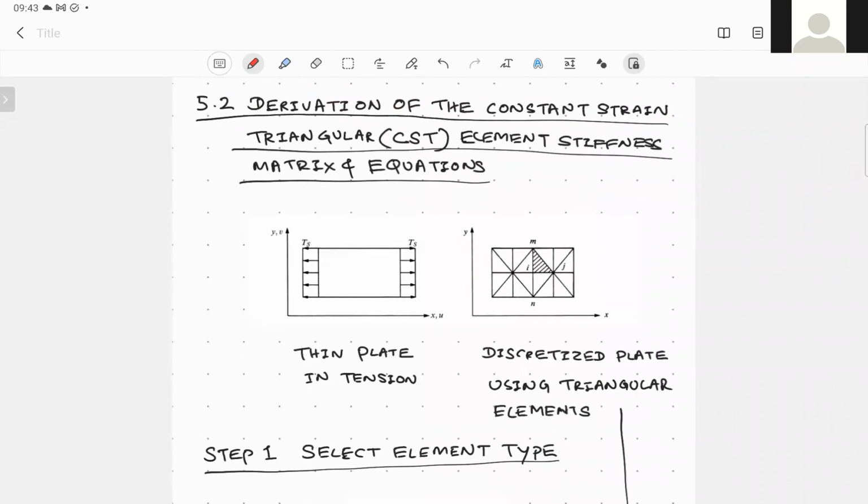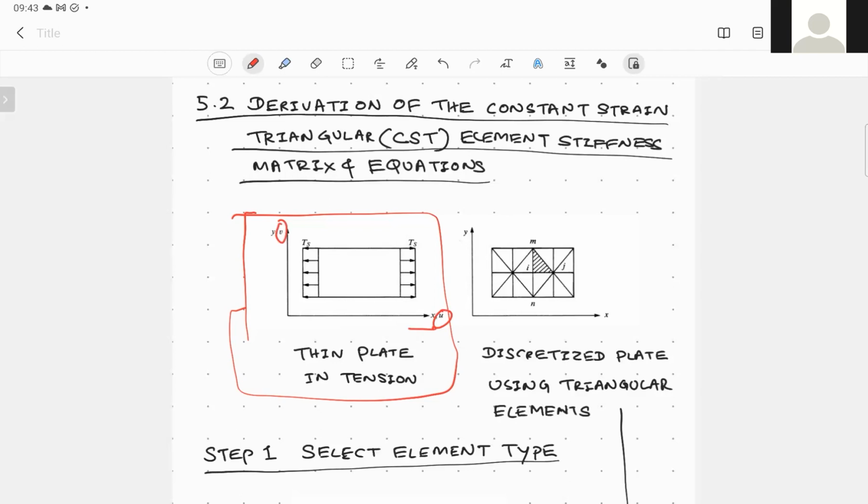Our interest is to analyze a component like this, a thin plate which is subjected to traction or tension, and we would like to perform a finite element analysis of this thin plate in 2 dimensions. So we have come up with the displacement functions in the x and y direction as u and v. Whatever the displacement in x direction, we define it by the function u.